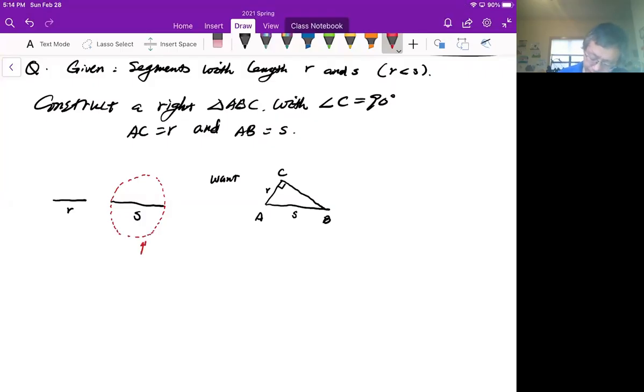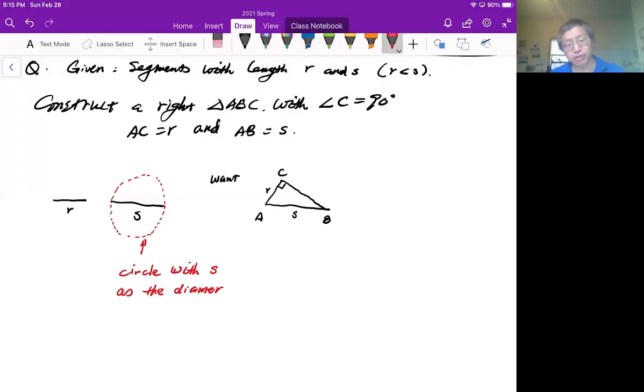So this is a circle with the segment of length S as the diameter. So I know that C must be somewhere on the circle. But on the other hand, the distance AC is equal to R. So that means I can draw another circle, right?